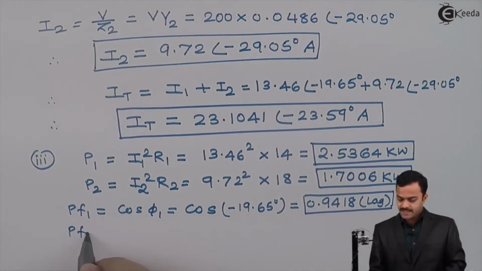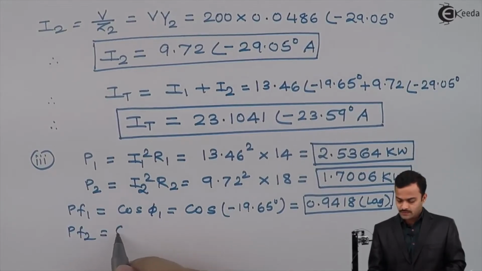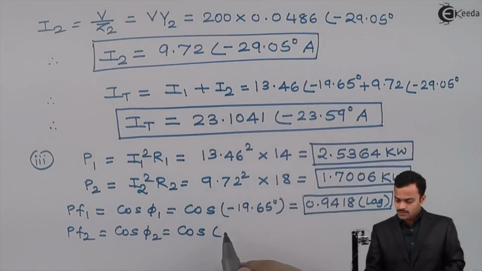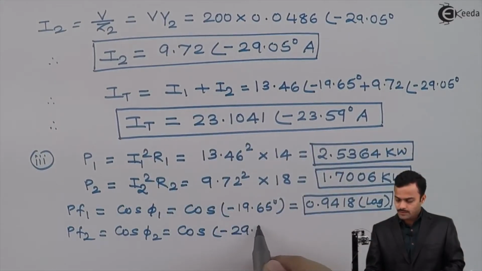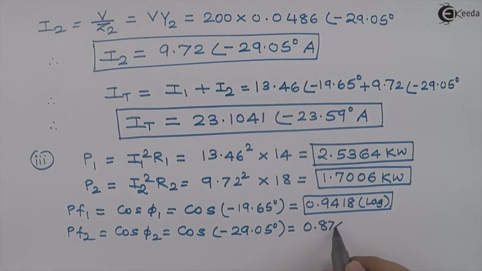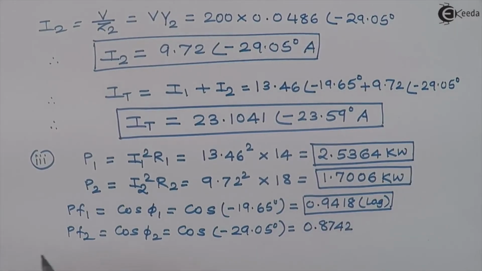Power factor of the second branch is cos phi 2, where the angle of I2 is minus 29.05. If you solve, you will get 0.8742. Being a negative angle means current lags voltage, so power factor nature is lagging.